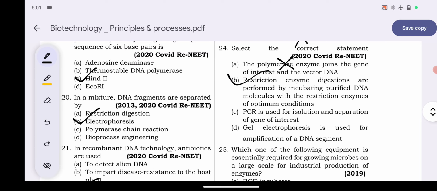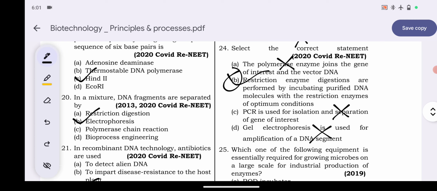B statement correct है, आपका आंसर भी है. Option C, PCR used for isolation and separation of gene of interest. Wrong one. D, gel electrophoresis is used for amplification of DNA segment. D is also wrong one. So B is your correct answer.